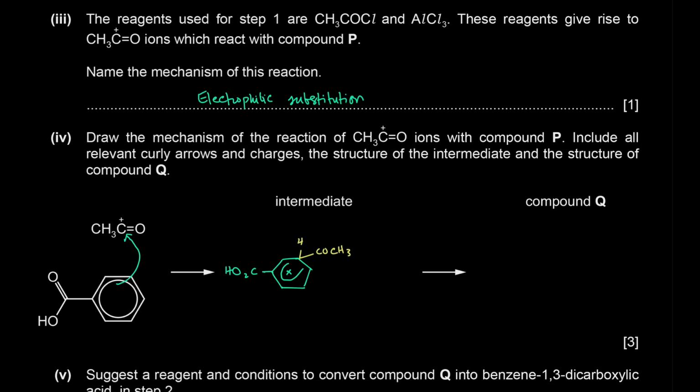Then in the second step, the electrons from the CH bond on the benzene ring go back into the ring and the CH bond breaks. So our final product looks like this. You can draw the skeletal formula, or you don't have to, and then you have a COCH3.